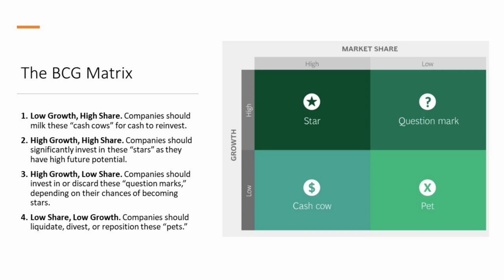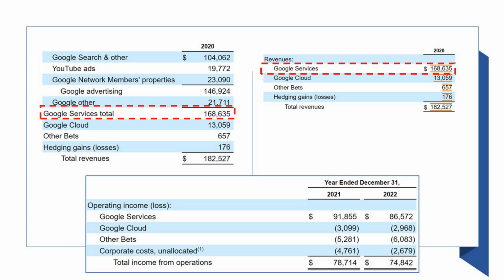So this is how large companies think about strategy. Now, when you look at Google, this is a classic example of utilizing the BCG matrix, but perhaps you could argue that Google Services isn't in fact a cash cow because it's still high growth. Fair enough, but it should be funding other shoots that are growing over time.